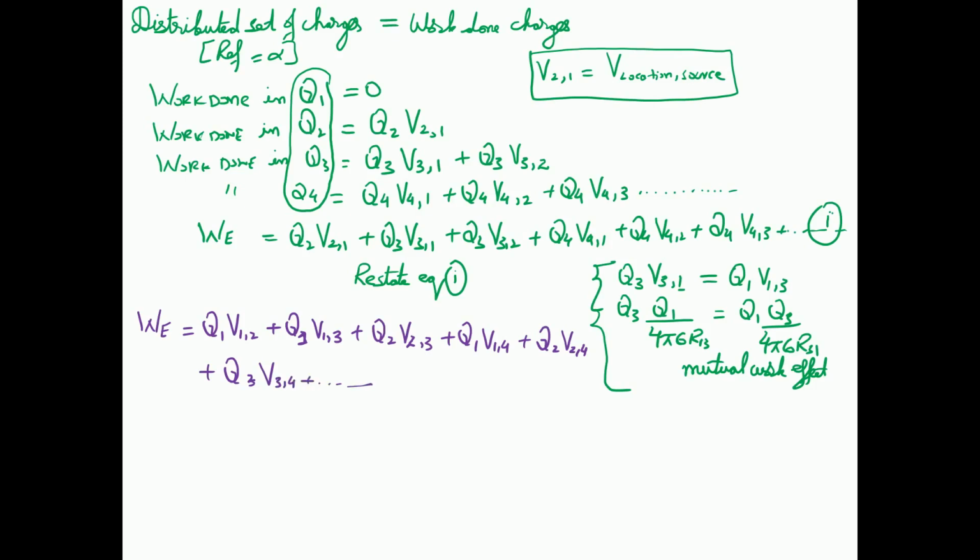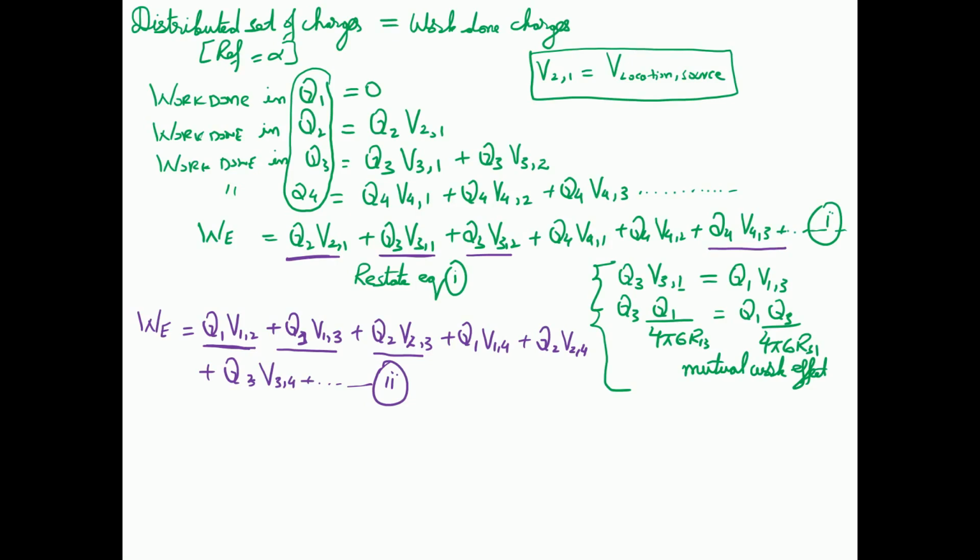So what we have done is we have replaced this in this form. We have replaced the second one or the first element. So this Q1 is replaced as this one, Q3 is replaced as this one, the third element is replaced as such, the fourth element is replaced as this, the fifth element is replaced, and the sixth element Q4 V43 has been replaced as Q3 V34. So this is now my equation number 2, which is a restated version of the first equation.